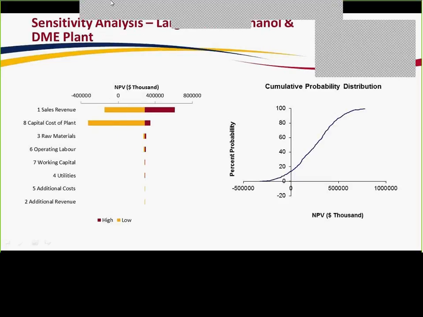But looking at the larger scale plant, we see that sales revenue is still a large contributing factor to a positive NPV. So any significant change in price could push this plant into a risk of non-profitability.